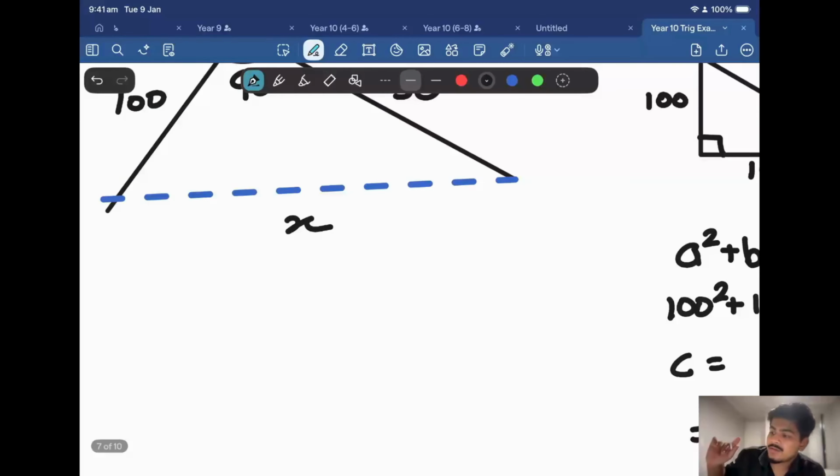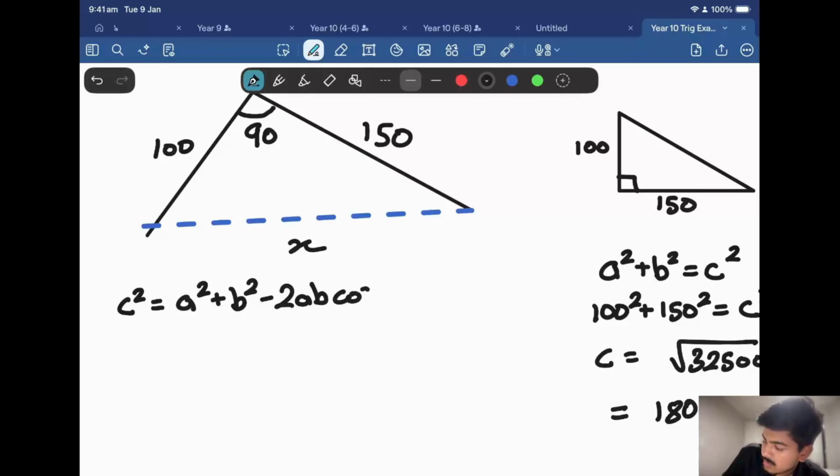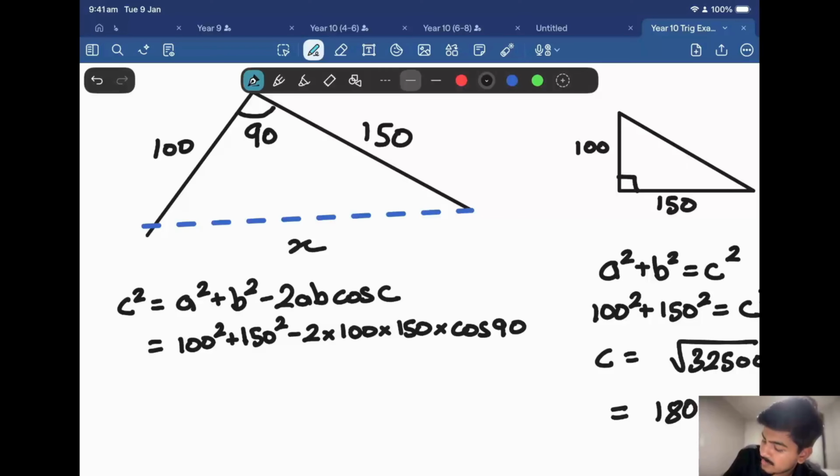So now let's verify whether Pythagoras theorem aligns with our cosine rule, right? So let's look at that. So c squared is equal to a squared plus b squared minus 2ab cos c. A squared is 100 squared, b squared is 150 squared, minus 2 times 100 times 150 times cos of 90.